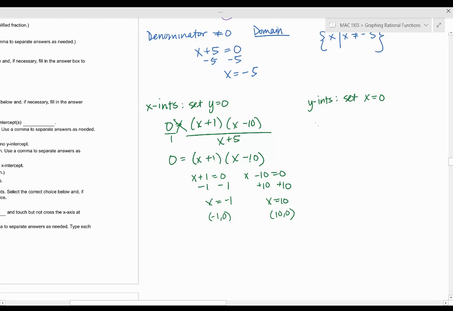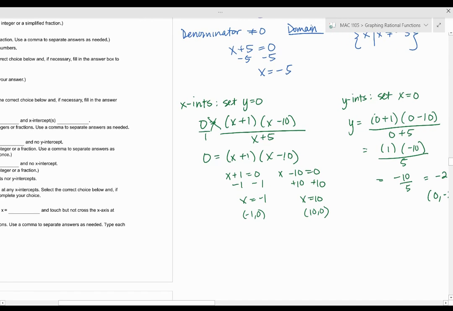So everywhere in that function where I see an x, I'm going to make it 0. So in the numerator, that's going to give me 1 times negative 10 over 5. So negative 10 over 5 gives me negative 2. So I have one y-intercept at 0, negative 2.